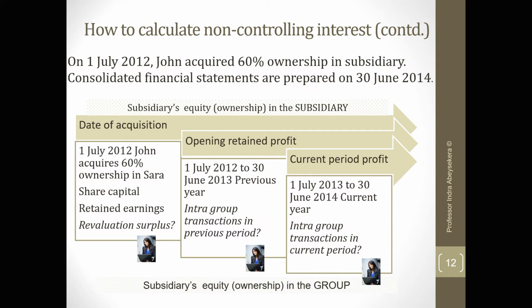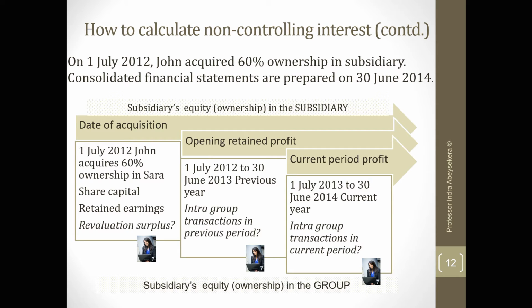Then from 1st of July 2012 to 1st of July 2013, the previous period, after adjusting for intergroup transactions, any increase in shareholders' equity, especially profits, earnings, retained earnings, should be given to non-controlling interest.